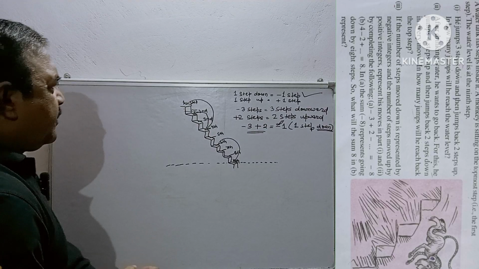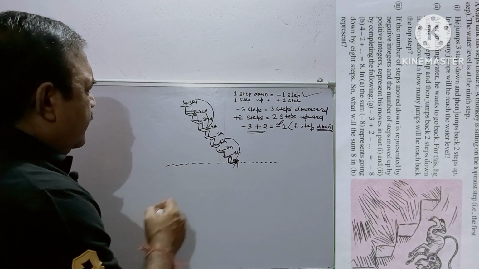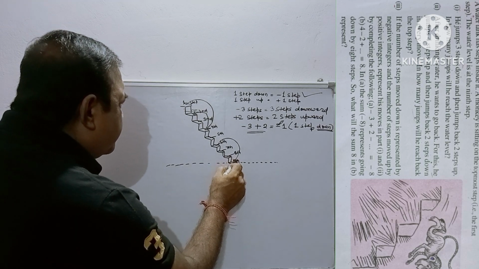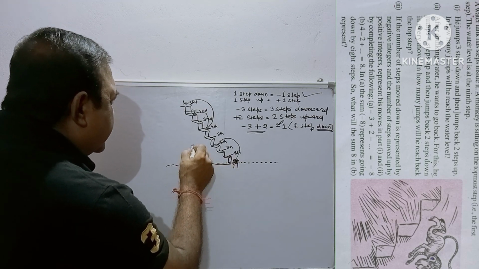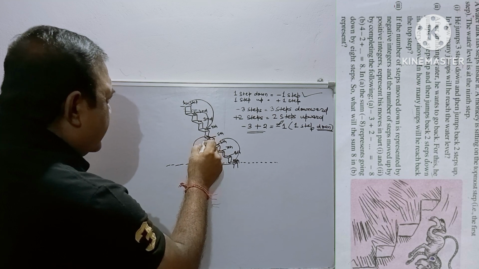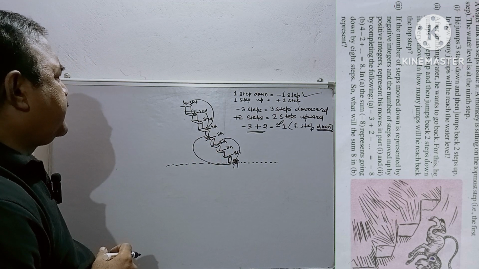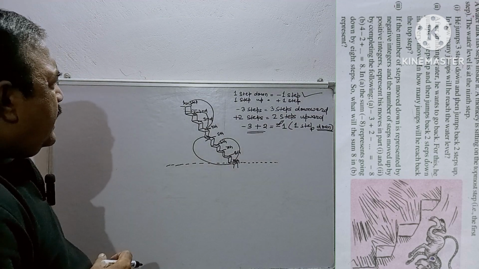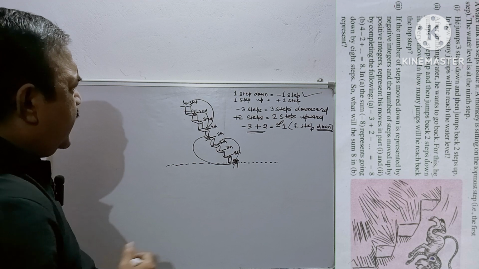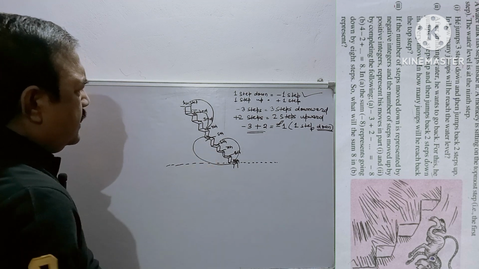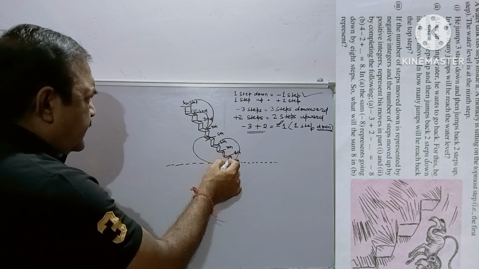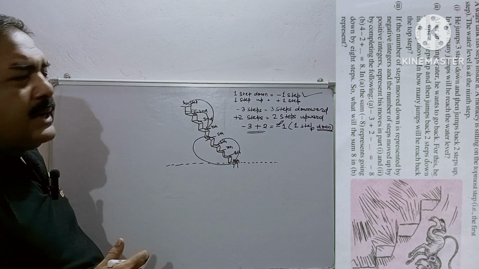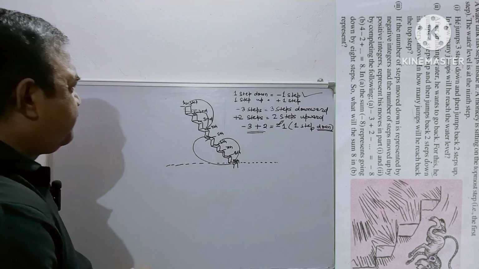So you see, from the 9th step, he gives a jump in this direction. He reaches the 5th step. Yes, sir? Because he moves 4 steps up. So from the 9th step to the 5th step, there are 4 steps.